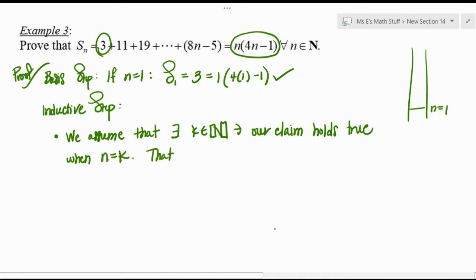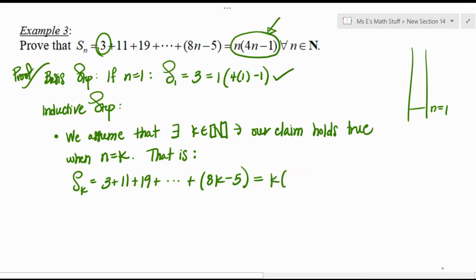Here's our assumption: S sub k, the sum of the first k terms on the term by term side, and we're not arguing the term by term side, that's not the part we're arguing, would equal the formula side where your n is just a k.